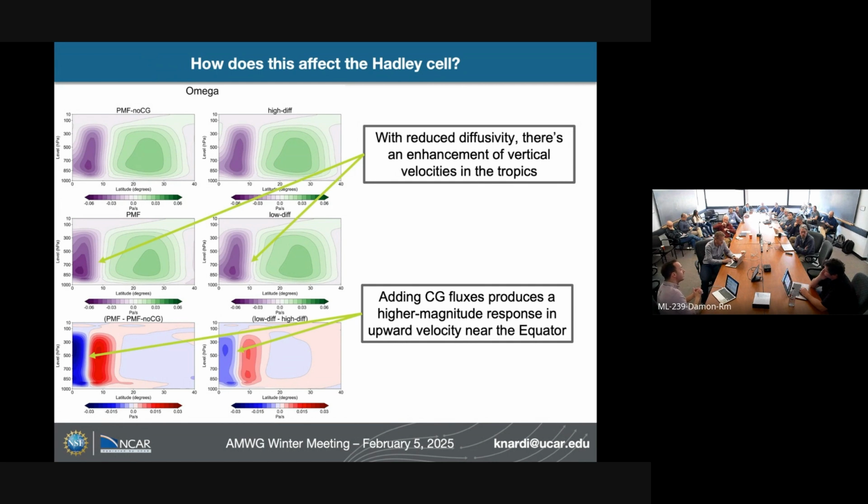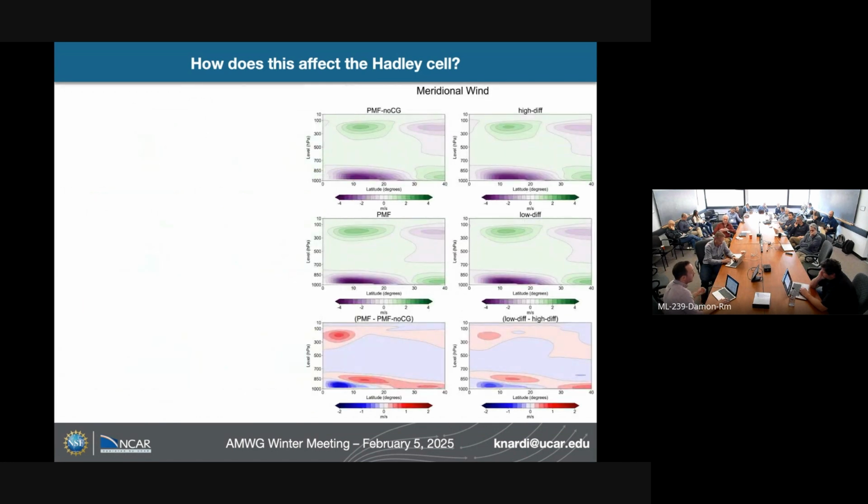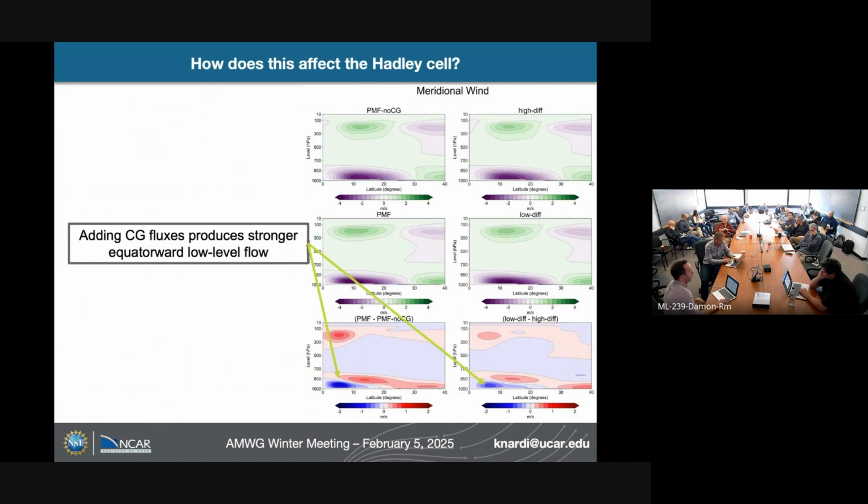So I showed in a previous slide that in both situations, we're basically doing the same thing to the global integral of momentum flux. But in this case, we seem to be having just a bigger influence when we are adding countergradient fluxes on at least this aspect of the general circulation. And then we see something very similar in meridional wind. So with adding countergradient fluxes, it produces stronger equatorward low-level flow compared to when we reduce CK10.